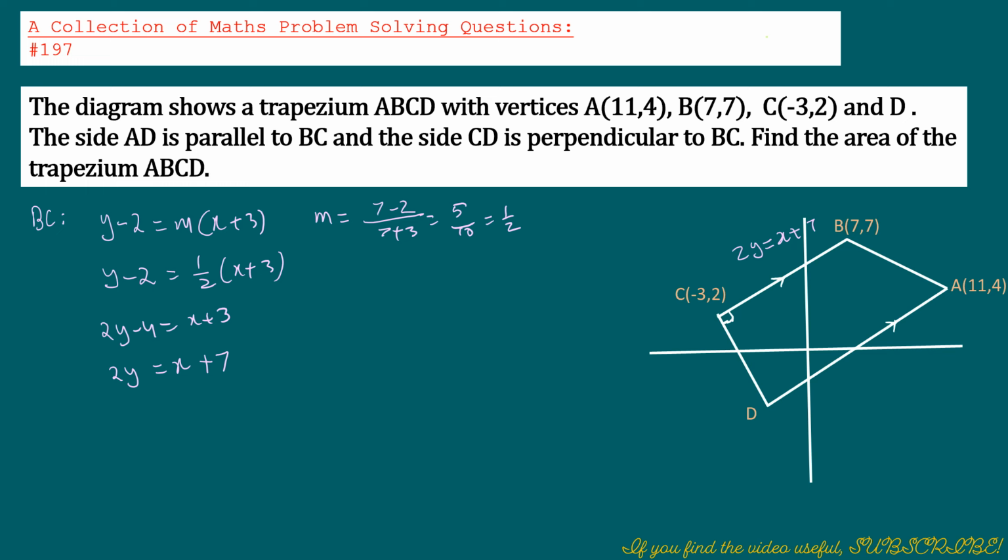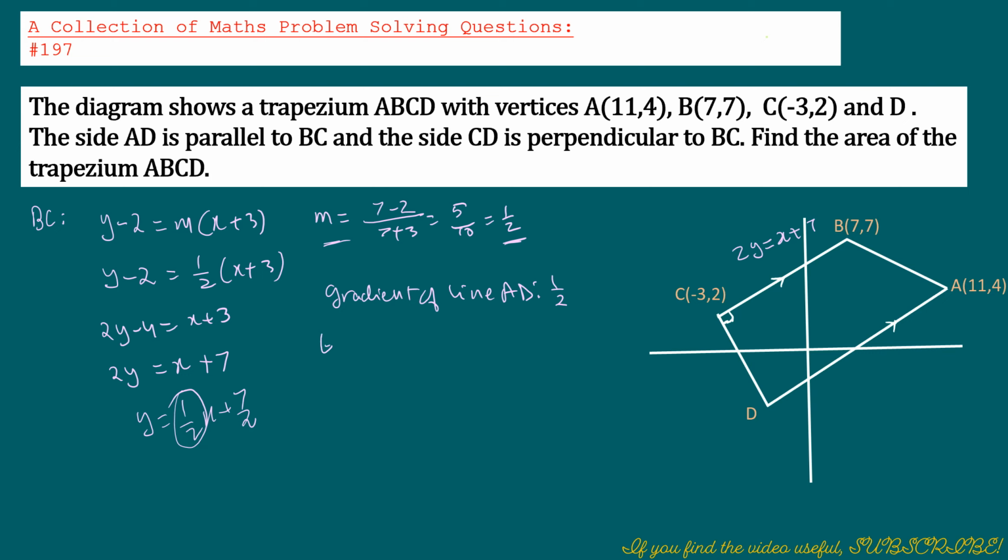And then we go to find the equation of the line AD. Now we know the slope here is half, since y equals half x plus 7 over 2. So the gradient of line AD would also be half.